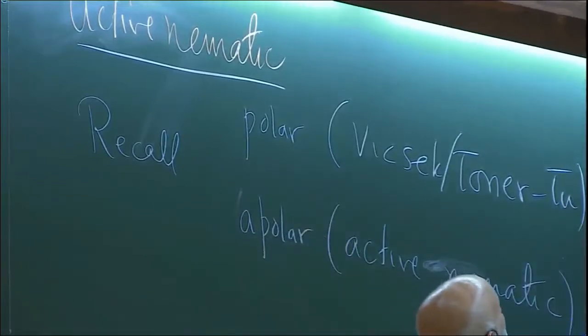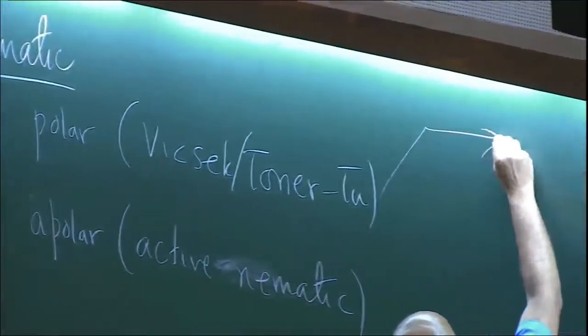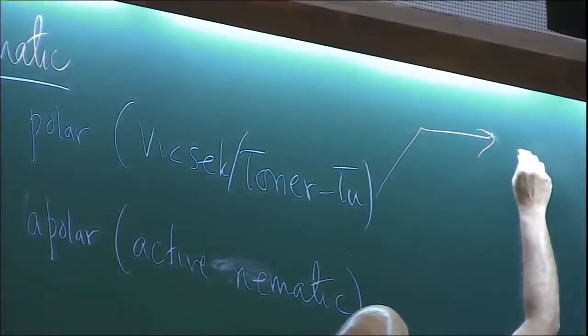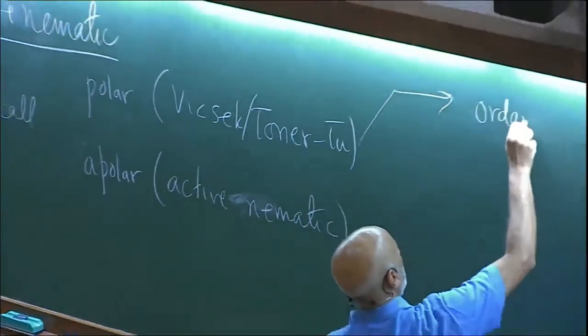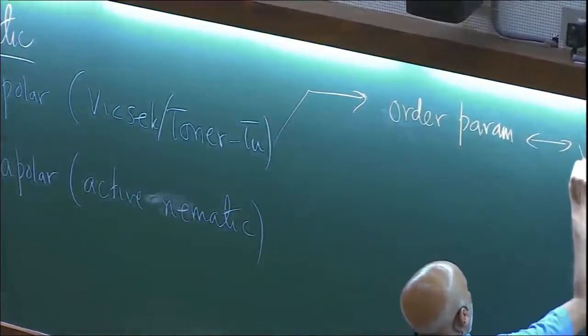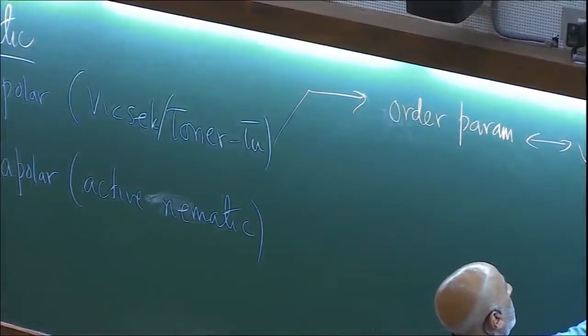And in these systems, the main result of activity was that the order parameter is a velocity field of a kind.